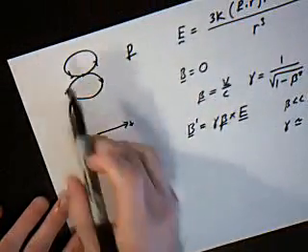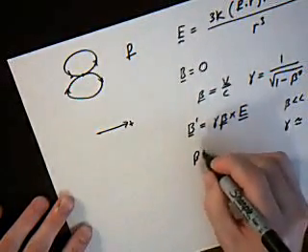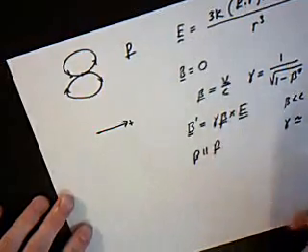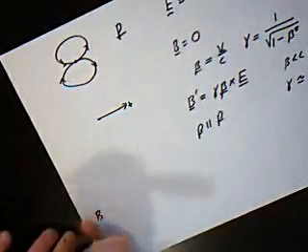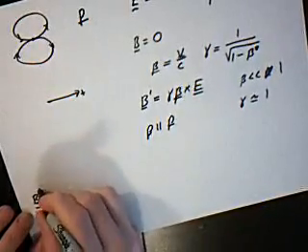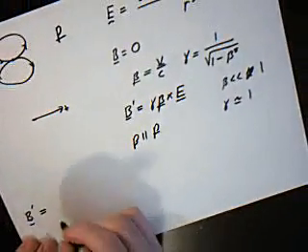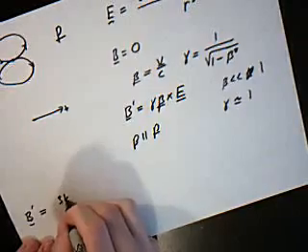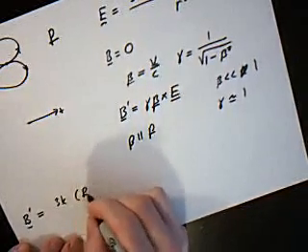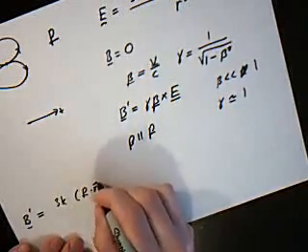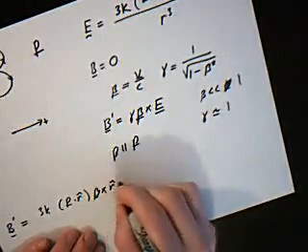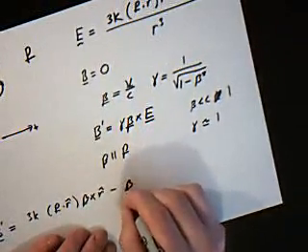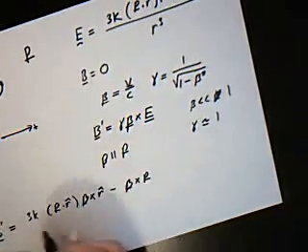and I'm moving parallel to the dipole moment, which means beta is parallel to P, then B prime is equal to 3k, p dot r hat, beta cross r hat, minus beta cross p.